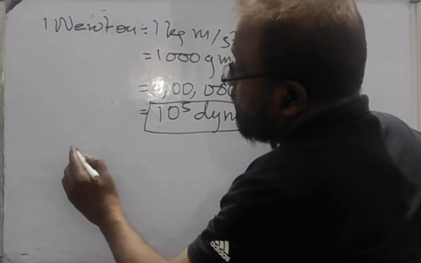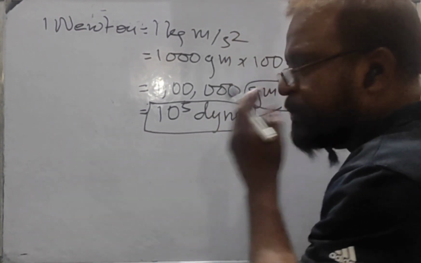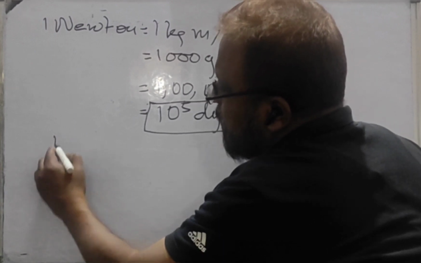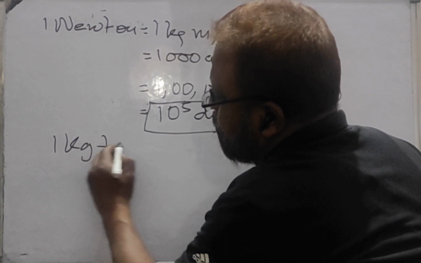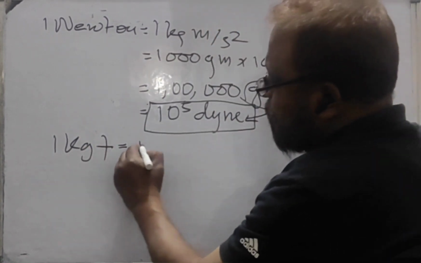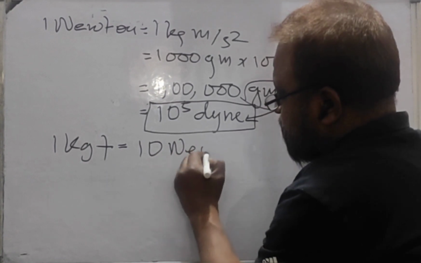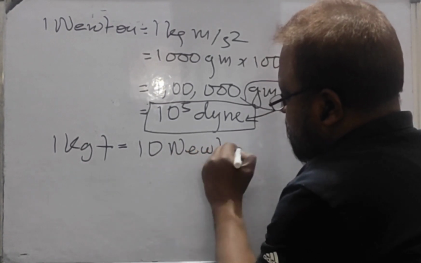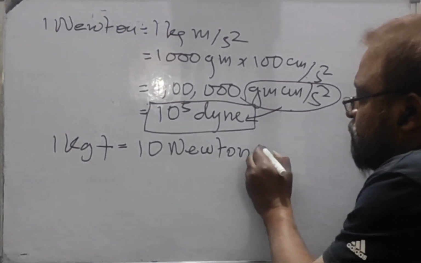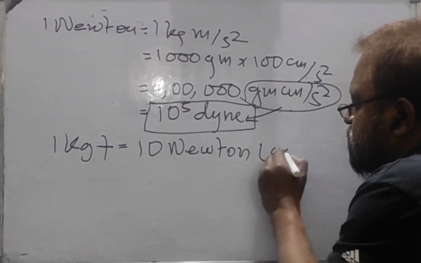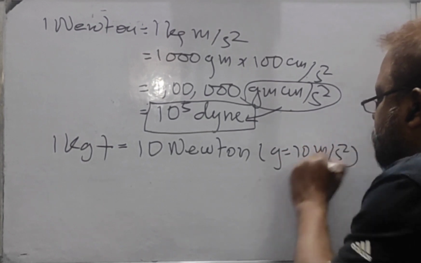Now, always keep this in your mind, that 1 kgf, kilogram force, is equal to 10 Newton, where g is 10 meter per second square.